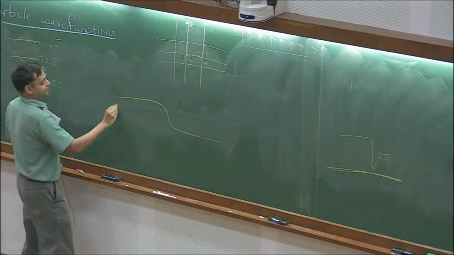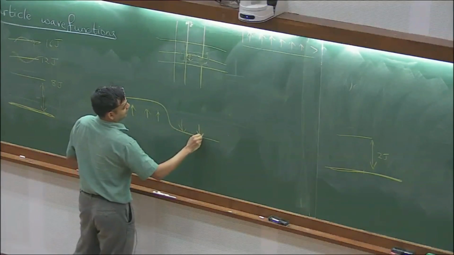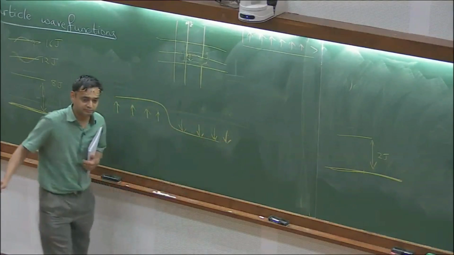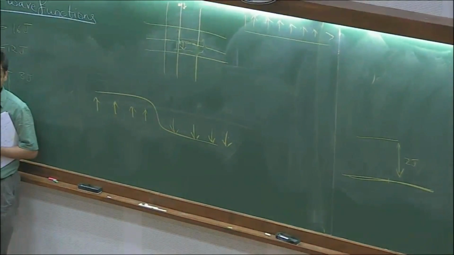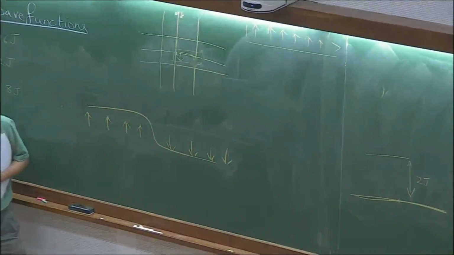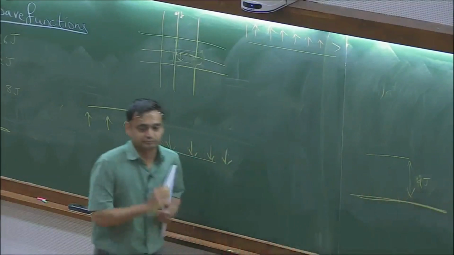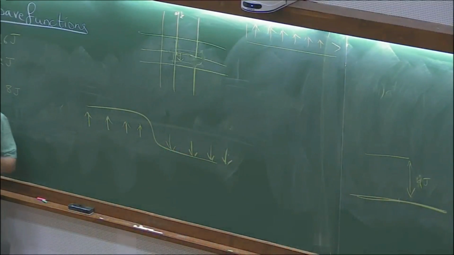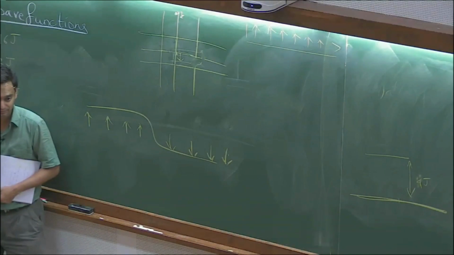You have up, up, up, up, and then down, down, down, down. This costs 2J. Costs less.